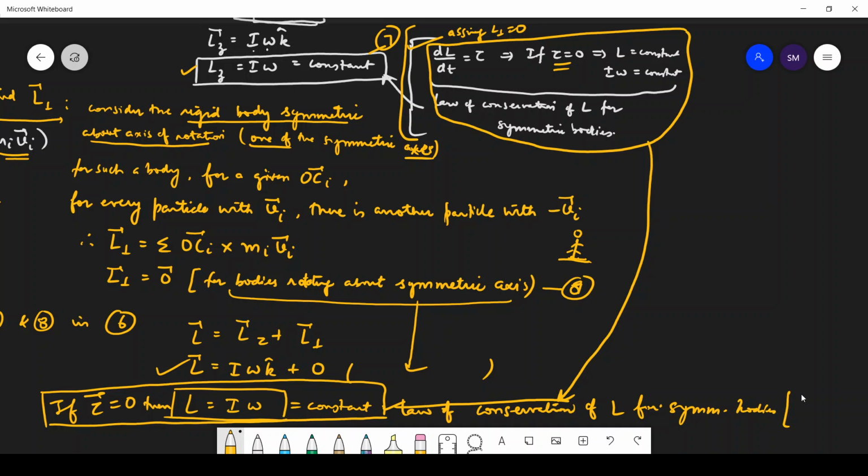Why is this so? Because we know that tau is equal to dL by dt. So if tau is 0, L is constant, and L is equal to I omega. I omega is constant. So students, what does this mean?